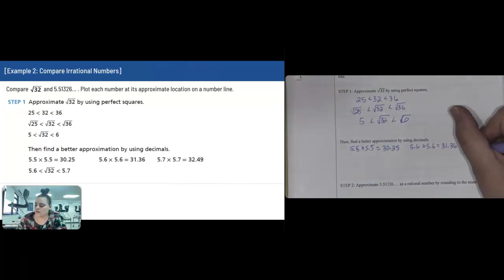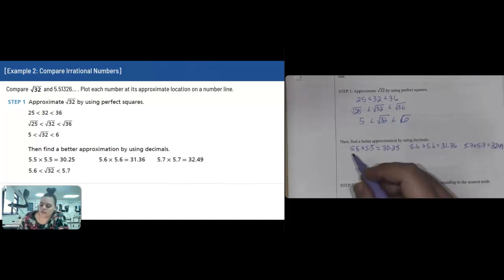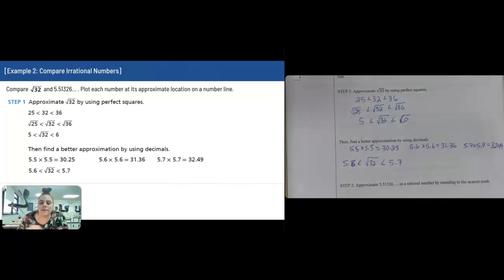So we would then do 5.7, and you can see that's 32.49. So that's a little bit too much. So we know that the square root of 32 is somewhere between 5.6 and 5.7. So this is how you can start to get a closer and closer approximation.